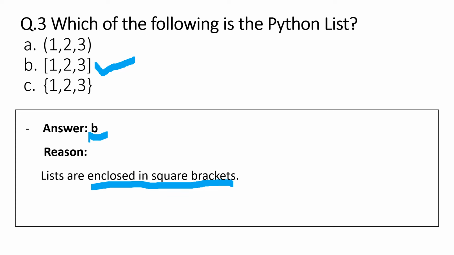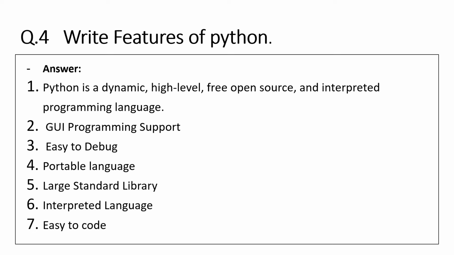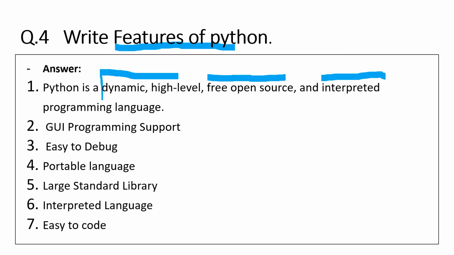Question number 4. Write features of Python language. So let's start with the features. Python is a dynamic, high level, free open source interpreted programming language.